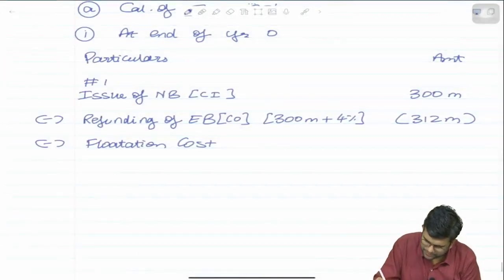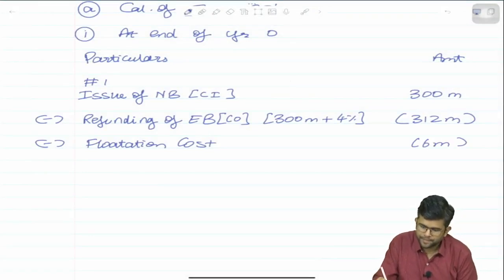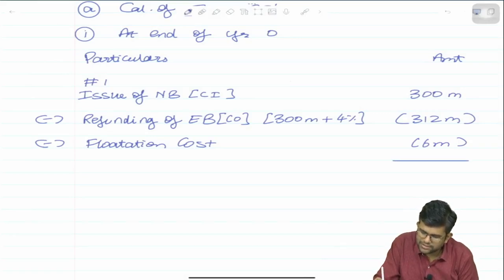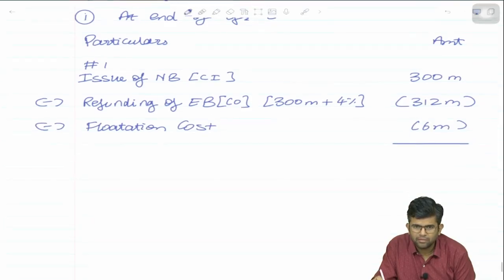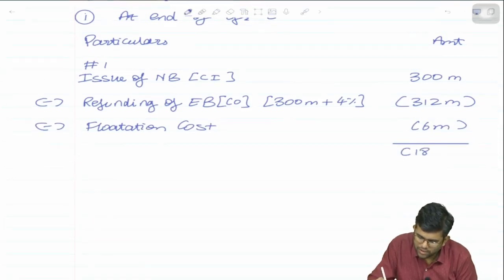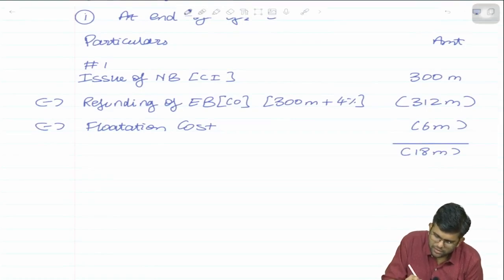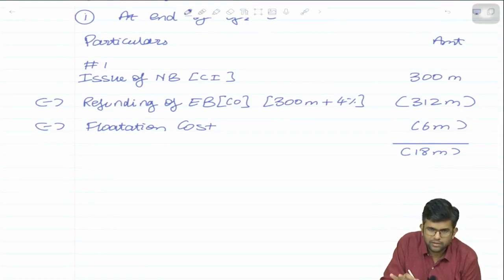So I'll write here 6 million, and that will give you 18, no? Just check. 18 million negative. Okay. So negative 18 million. Done.